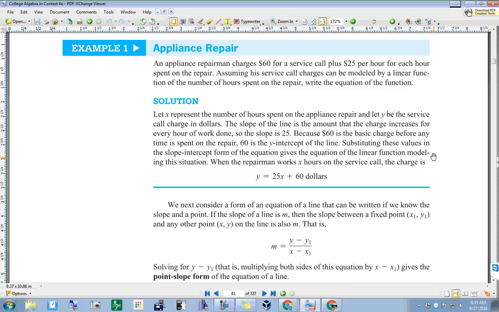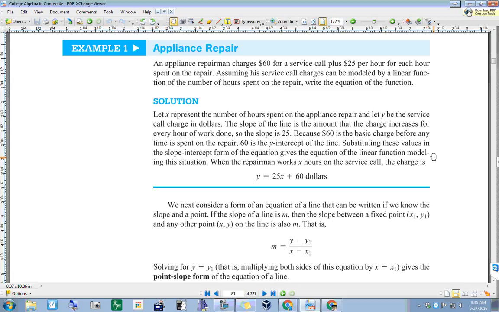Maybe you haven't heard this, but when you take something to a repair shop, it costs you $100 just for it, but look at it. It's going to cost you that regardless, even if they only take 10 seconds on it and say, yep, that's your problem, $100. That's the initial charge.